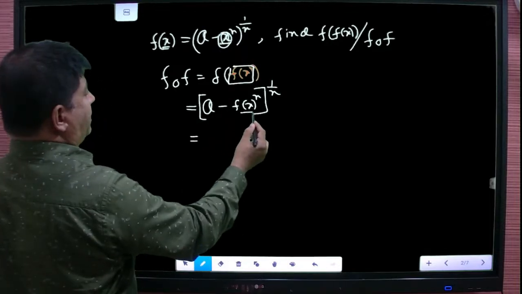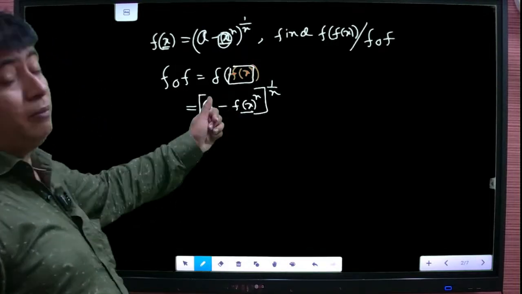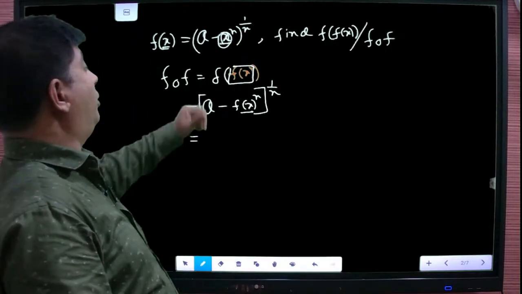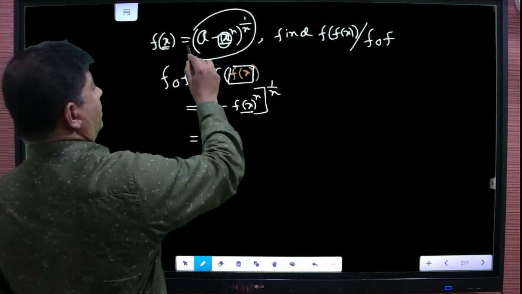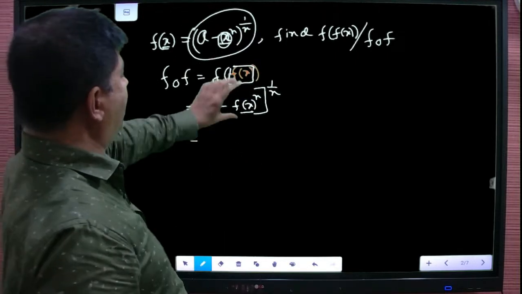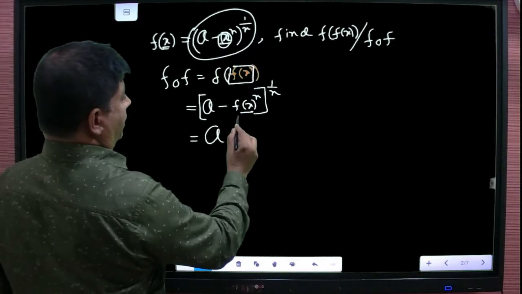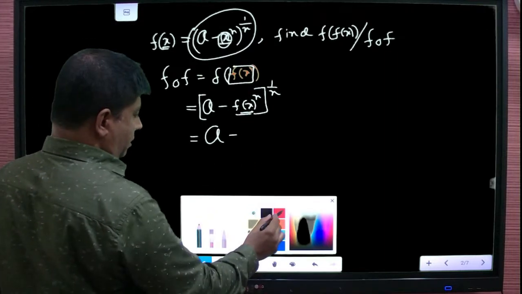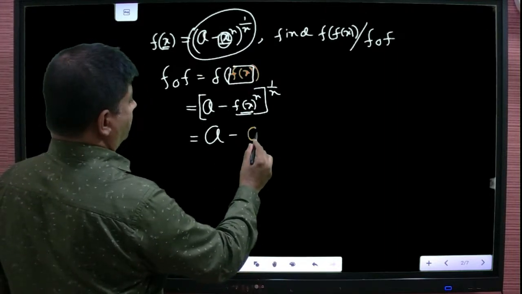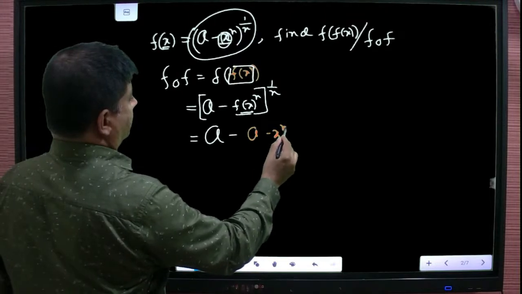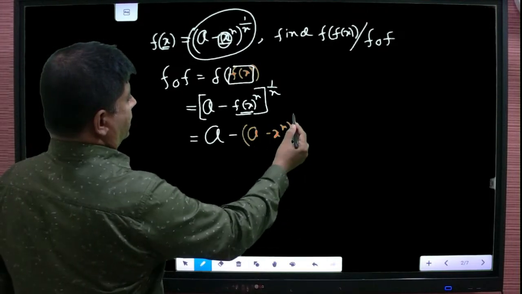Now f(x) is what? f(x) का वैल्यू क्या है? यहां पे तो बोल दिया क्वेश्चन में f(x) का वैल्यू ये है, तो इसको काट के यहां पे पुट कर दो. Instead of f(x) you put this value.